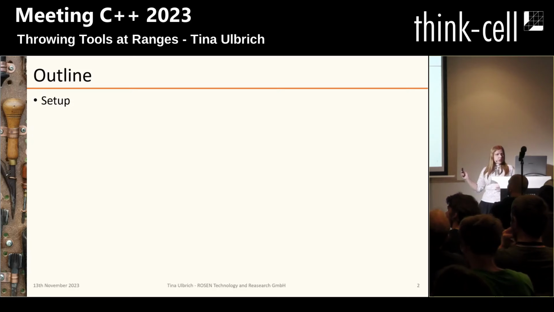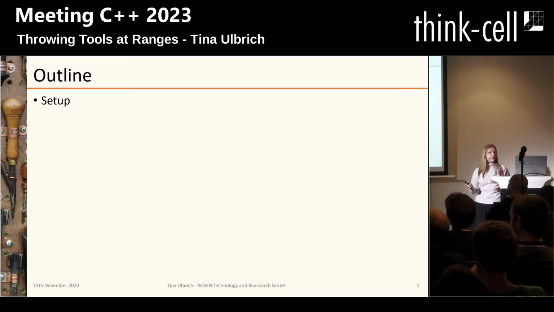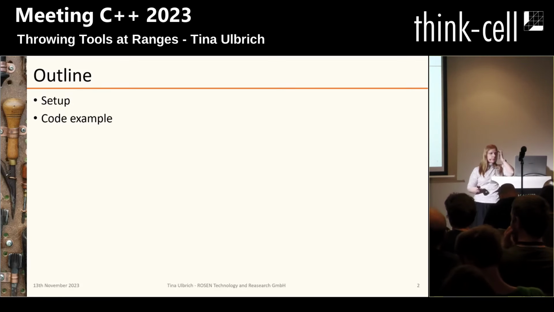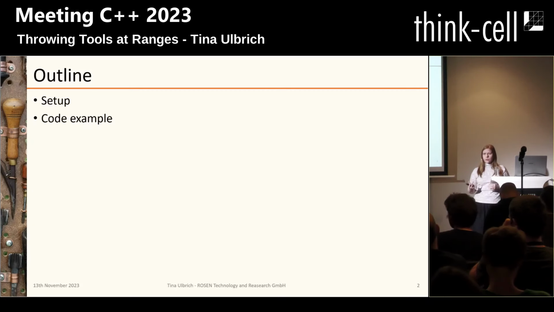So this talk is an outline. I'm first going to start by telling you how the setup is, so how I generated my results. Then I'm going to show you a code example. And because we need to compare the ranges output to something else, I wrote 3 versions of the code.